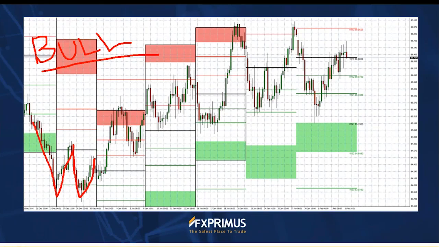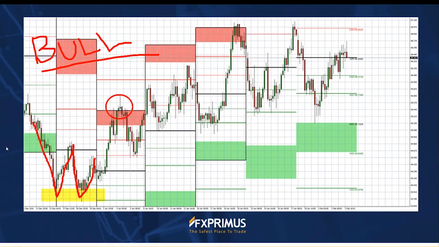Okay. So we are bulls, so we can only buy at support. Simple as that. So where's support? Support is... What's that there?